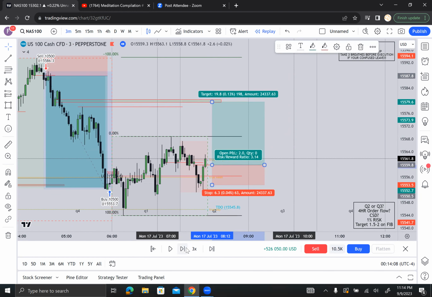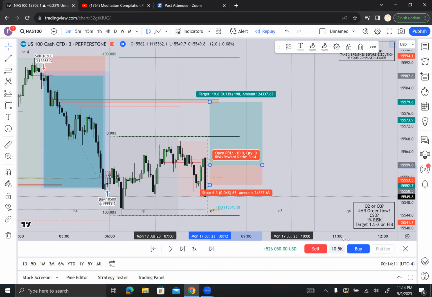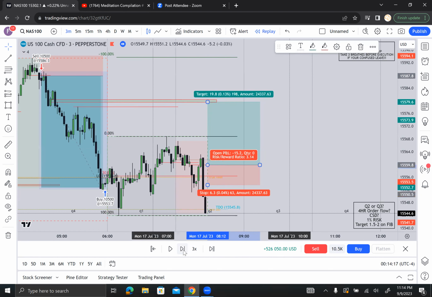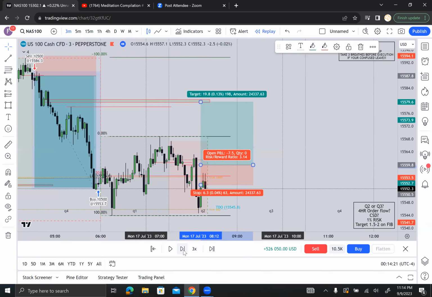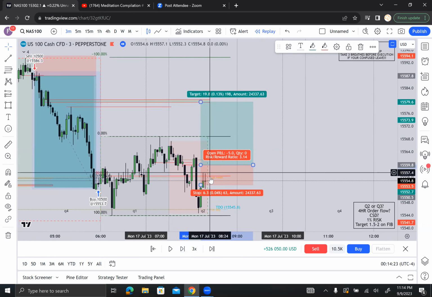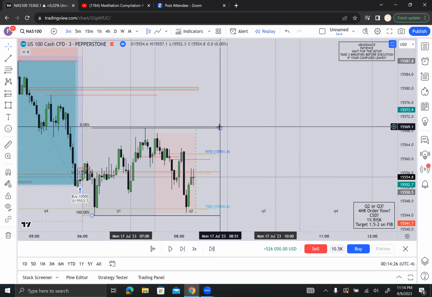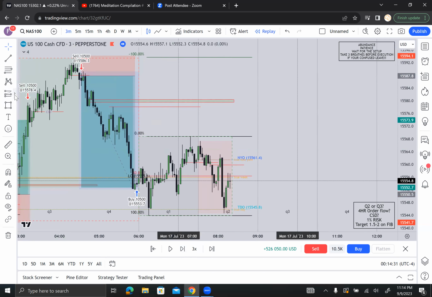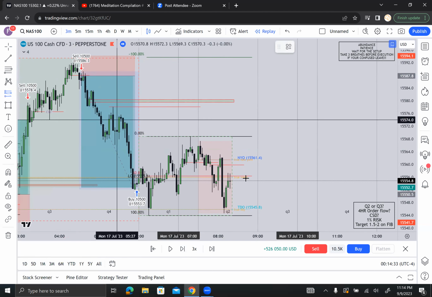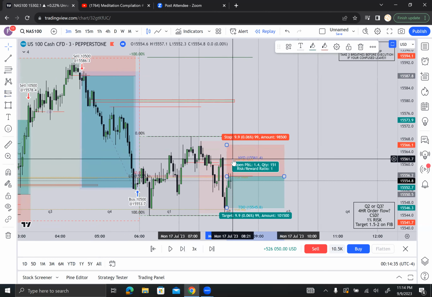I'm expecting the retrace drop. So obviously I would not have taken that, right? It's too aggressive. That's your sell. That's your sell there. We're looking to sweep the lows.